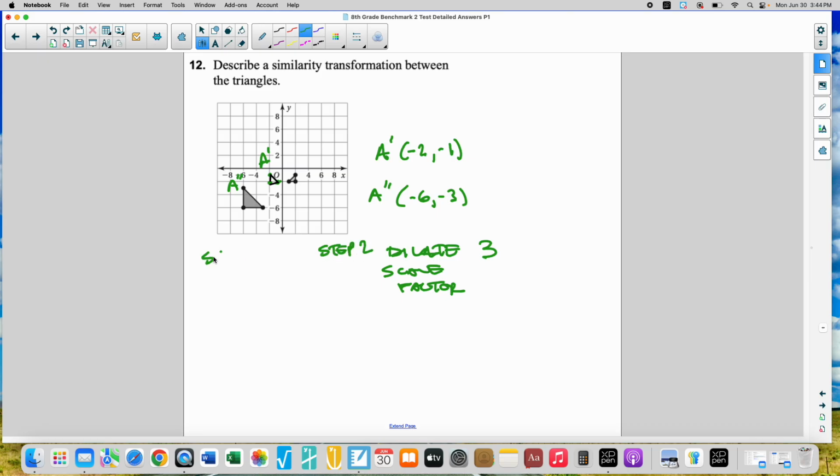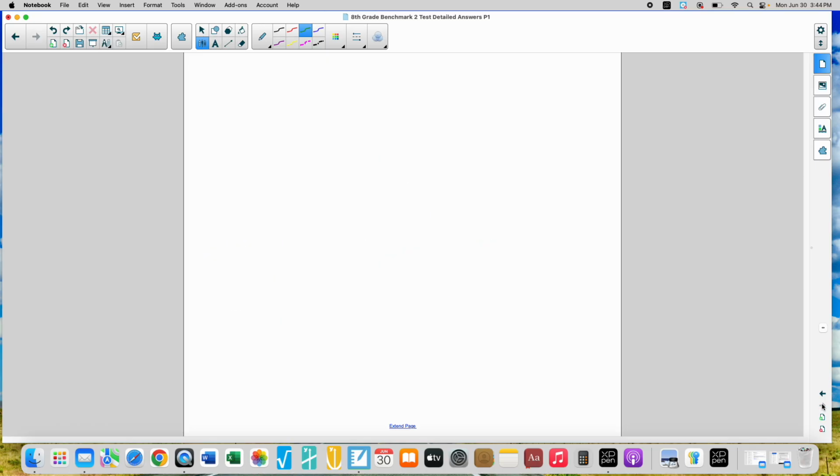And step 1, if you remember, was reflect over the y-axis. Because we reflected it to get A prime, and then we dilated it by a scale factor of 3 to get A double prime. All right, cool. And that's it.